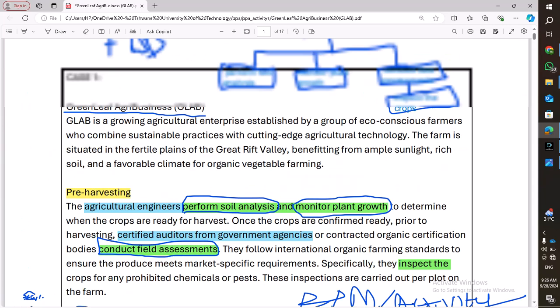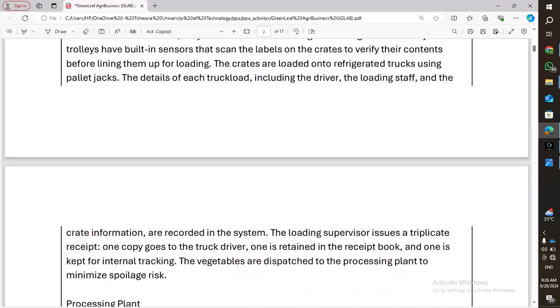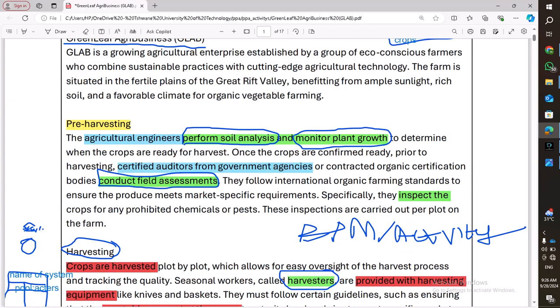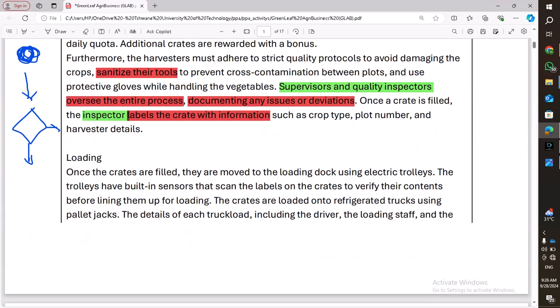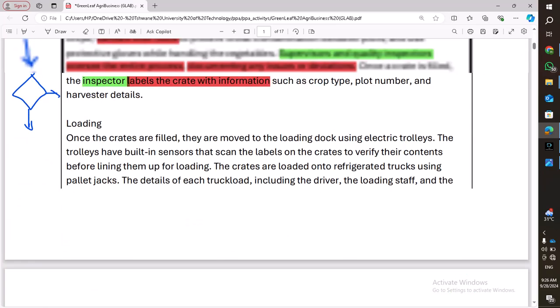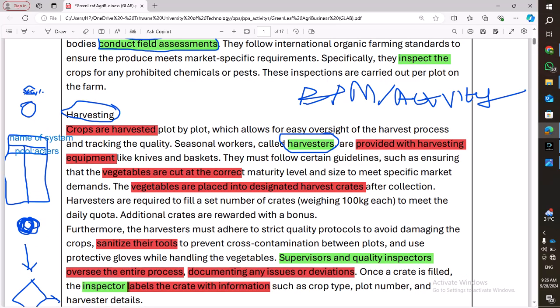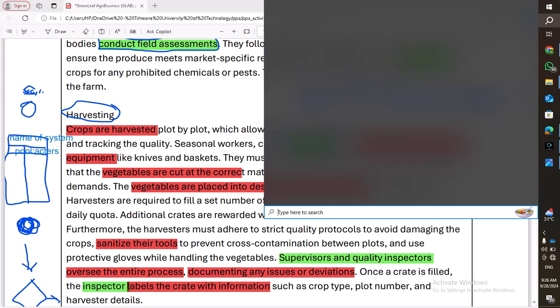So let me help you. Where can I draw this? Wait, I'm searching for the place where I can draw it. Okay, let me help you so that you may understand. We study together and you'll understand.